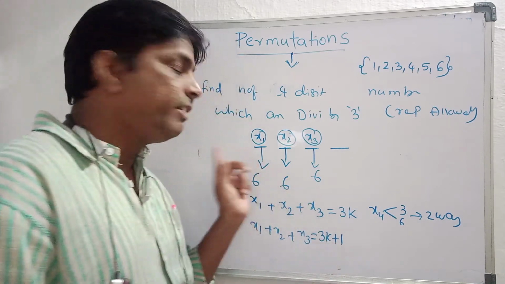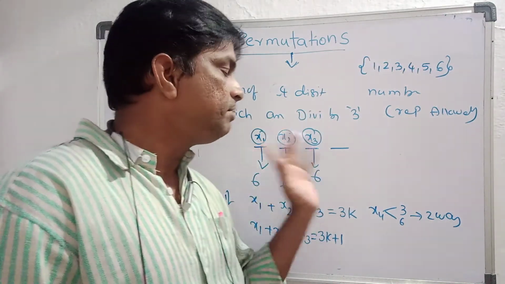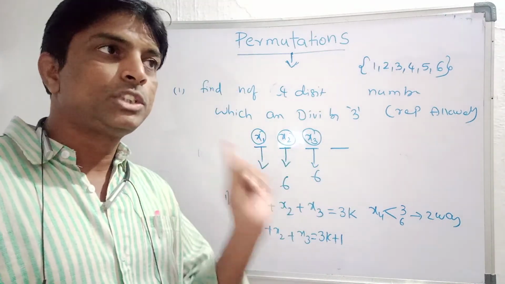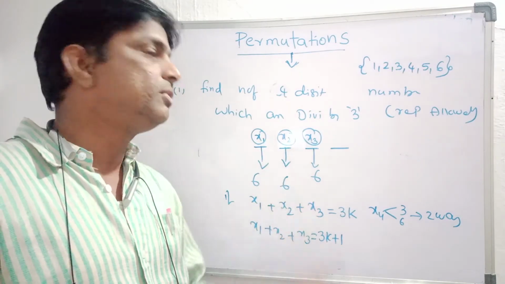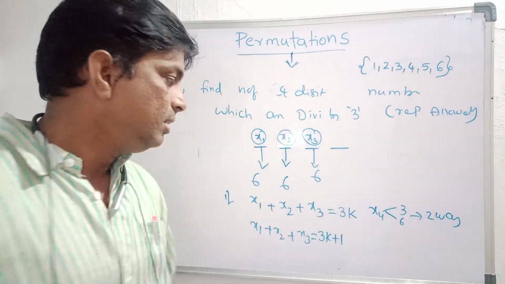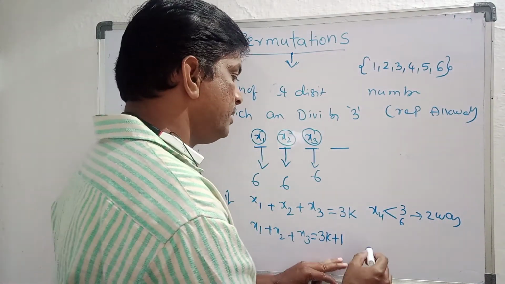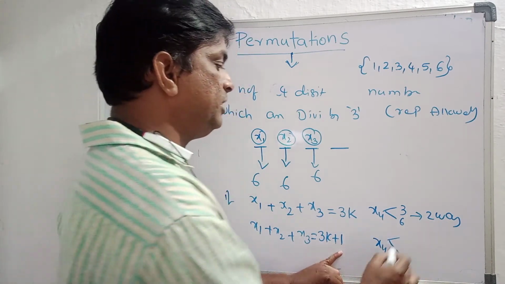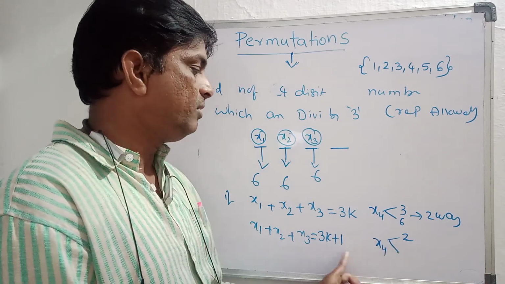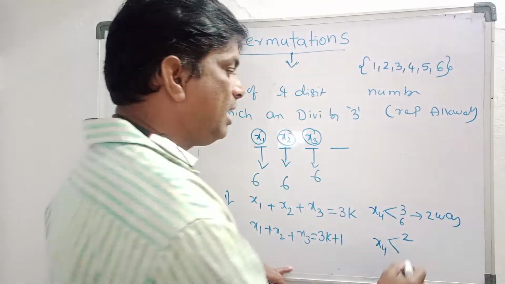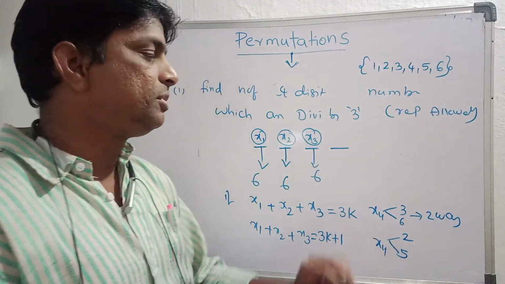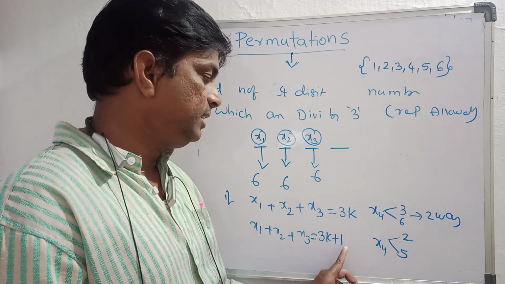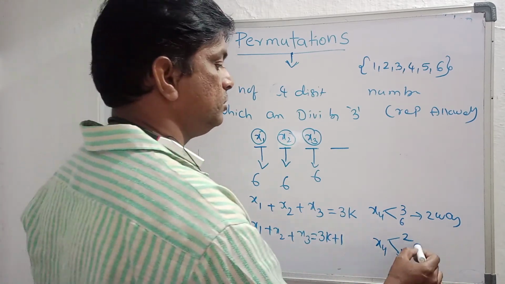Because we are looking for the sum of all digits to be divisible by 3, x1 plus x2 plus x3 plus x4 should be of the 3k form, a multiple of 3. Since it is 3k plus 1, the last place you have to fill with either 2, because 1 plus 2 gives a multiple of 3, or 5. So 2 or 5, clear? The last place, 2 ways.